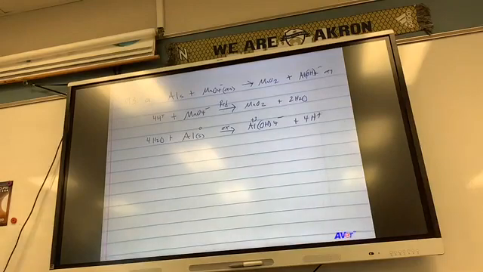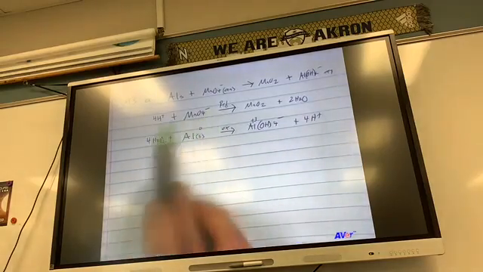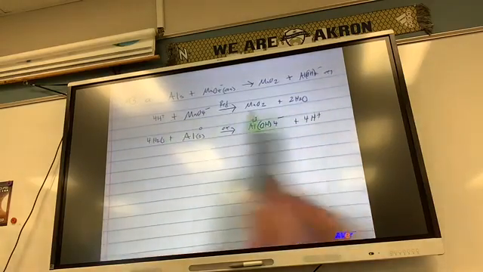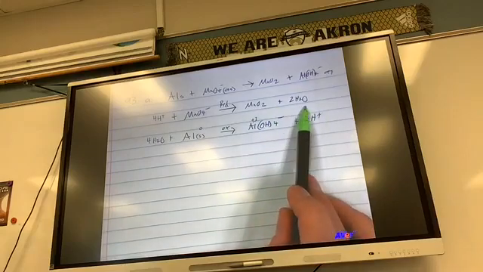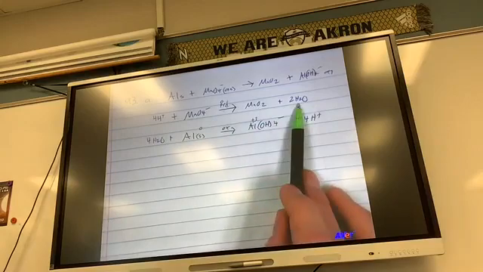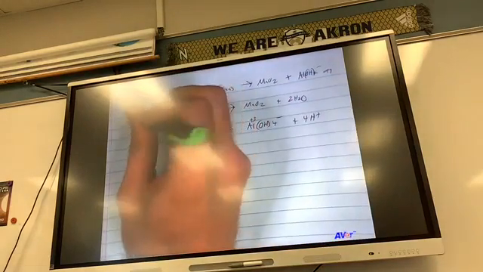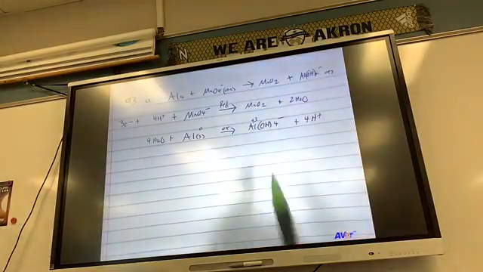Yes? Next step is balance my electrons, by adding electrons. So on this side, I've got a +3. This side, I got 0. So which side do I have to add electrons on? Left. How many? 3. Plus 3 electrons.